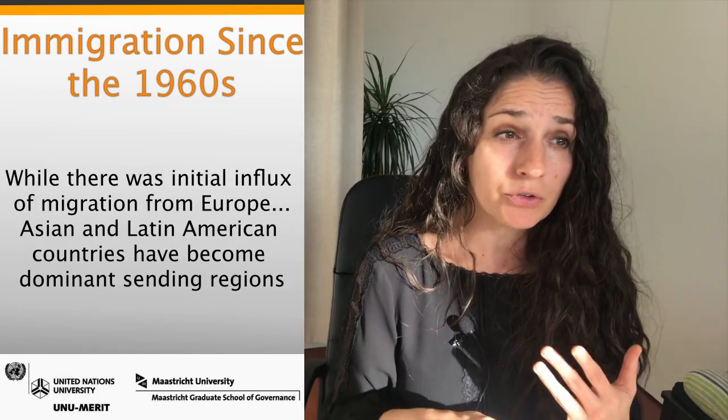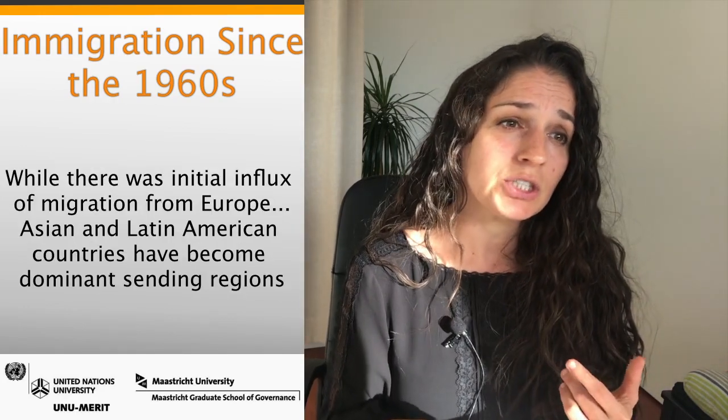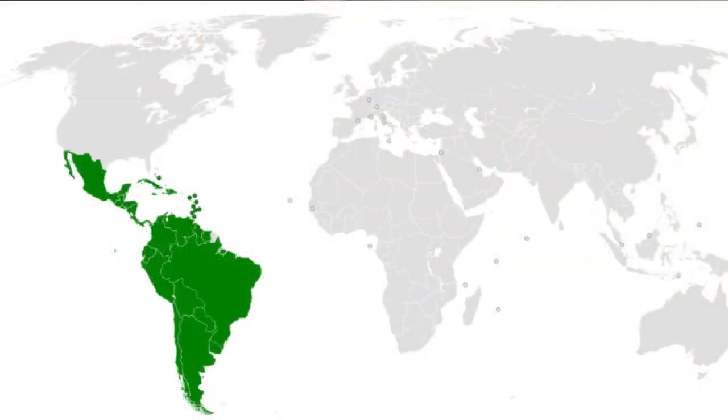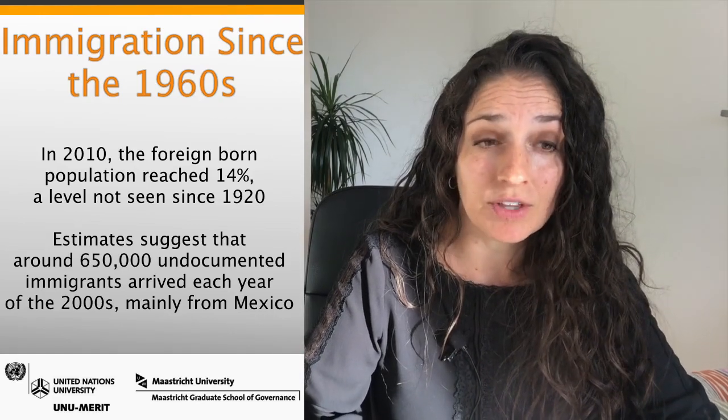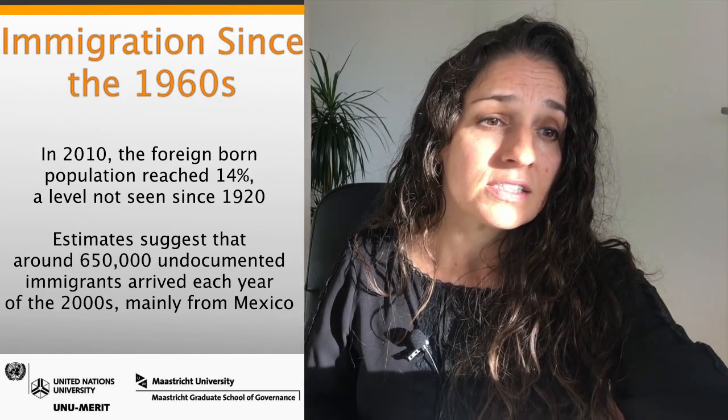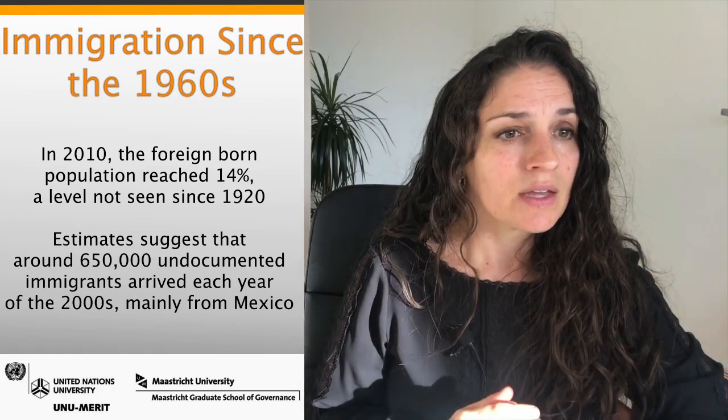While there was an initial influx of migration from Europe, Asian and Latin American countries have become much more dominant sending regions in recent times. In 2010, the foreign-born population reached 14%, which was a level that we had not seen since the 1920s.